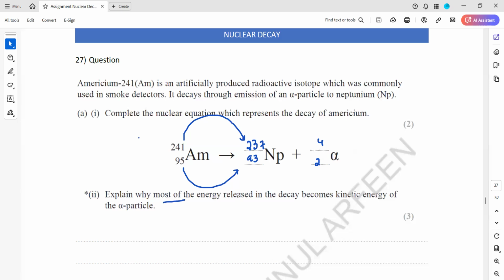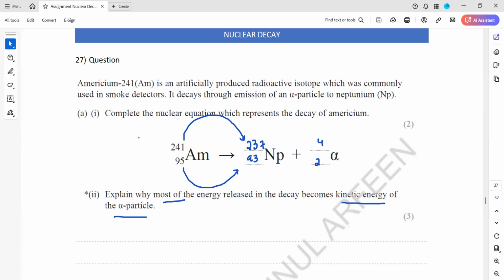Why is most of the energy released in a decay the kinetic energy of the alpha particle? The main reason is that most of the energy is gained by the alpha particle in the form of kinetic energy.